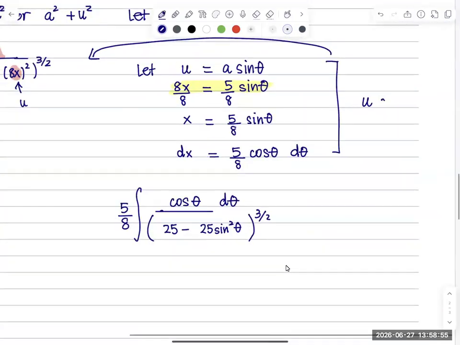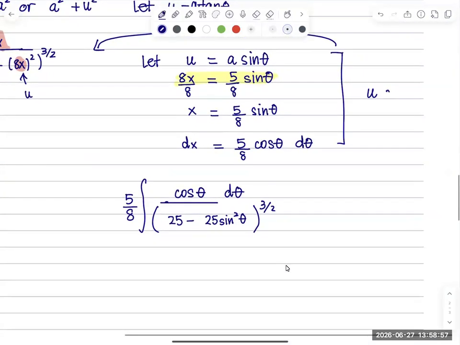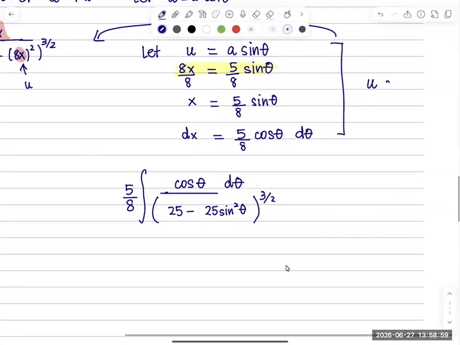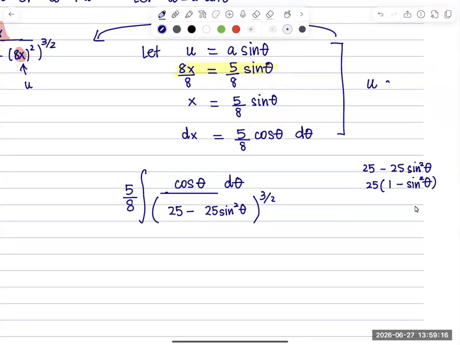And that will work for this case, because if you take a look at 25 minus 25 sine squared theta, and factor out 25, I'm going to have 1 minus sine squared theta. The trigonometric identity says 1 minus sine squared theta is cosine squared theta.